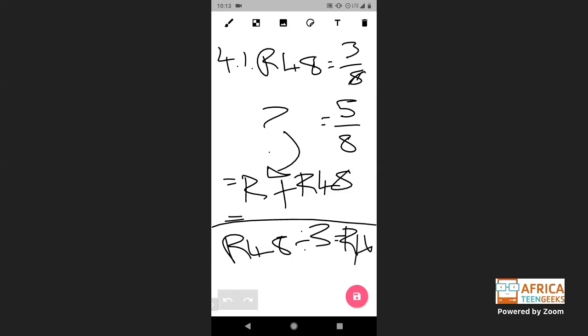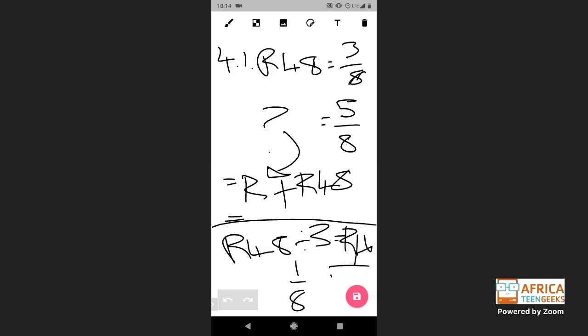So 16 rands, basically, is 1/8. You can see it. So our 1/8 is 16 rands. And 2/8 is obviously 16 plus 16, which is 32. And 3/8 is 32 plus 16, which gives us 48.